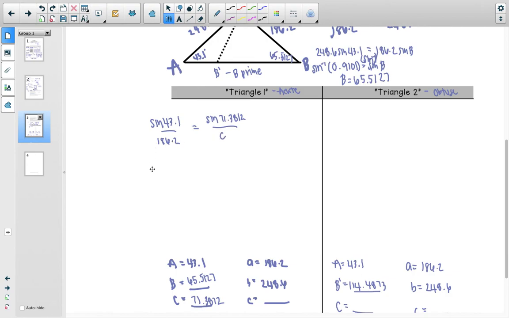So we cross multiply. It's a lot easier than when you have to find an angle. And you get 186.2 times sine of 71.3812. You would divide this over, and in your calculator you would put parentheses around this and then divide by the sine of 43.1.